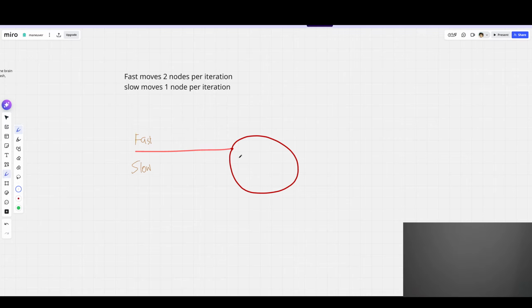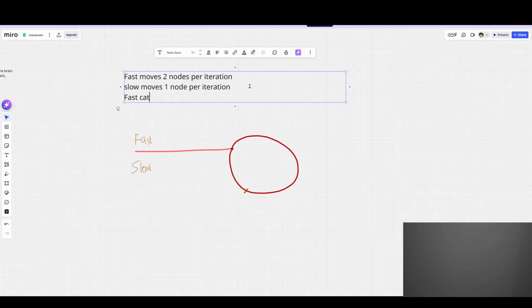So the point is that they are going to meet somewhere. Why? Because the fast one is going to enter the cycle first. The slow one is going to enter the cycle later, and the fast one will catch up to the slow one.